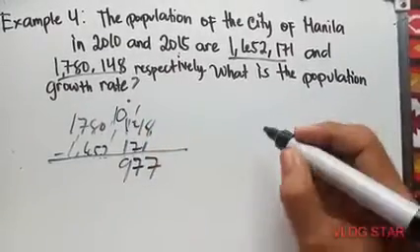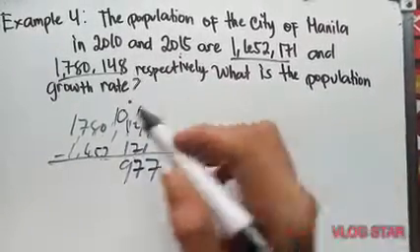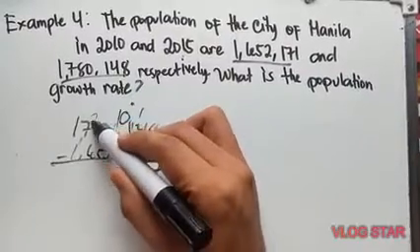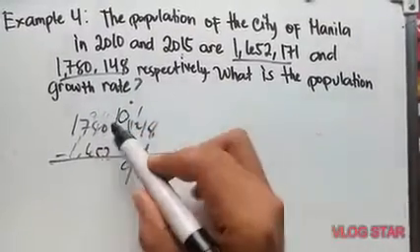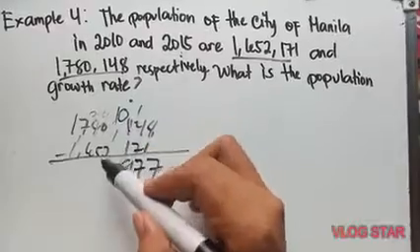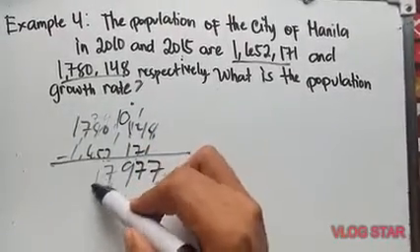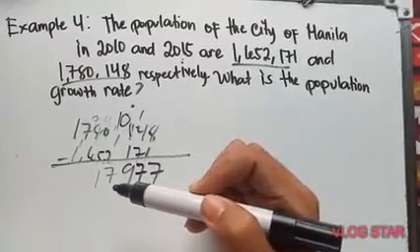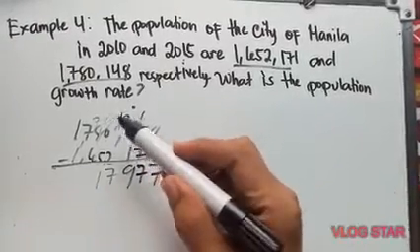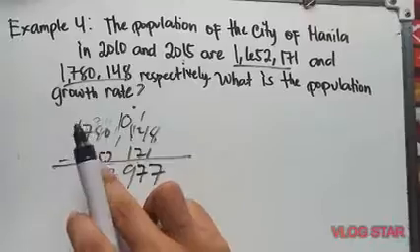Then 0 minus 2, borrow again. 9 minus 2 is 7. 7 minus 5 is 2.